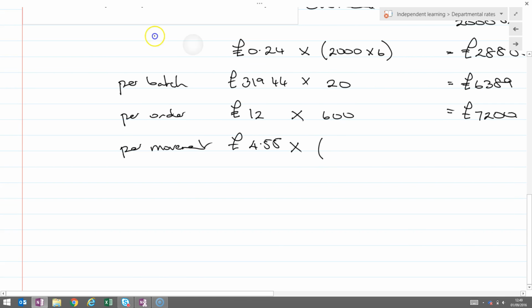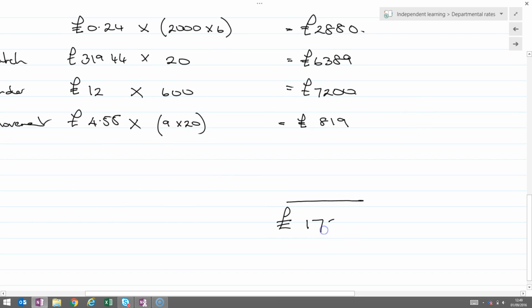So it's 9 movements times 20 batches. So £4.55 times 180. So that gives us £819. So that's our overheads absorbed. Adding it all up, £17,288. That's for the 2,000 units.